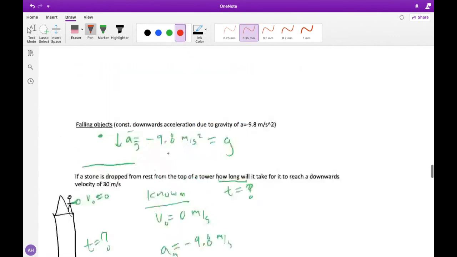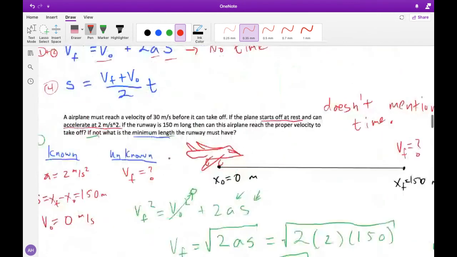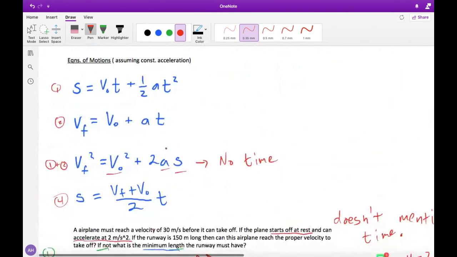So if we go to our equations of motion up here, we know it's going to be either equation 1, 2, or 4, because those equations involve time. If we look at equation 1, you see equation 1 is basically the equation for displacement.